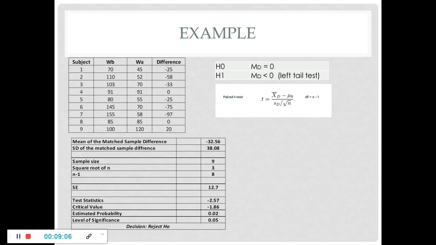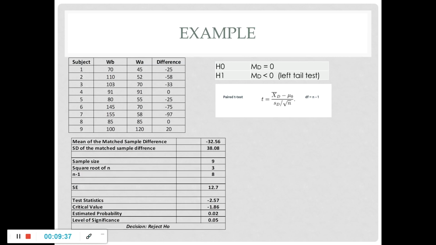So your null hypothesis is that the mean of the matched difference population is equal to 0, and you are testing whether there is a reduction in the weight.